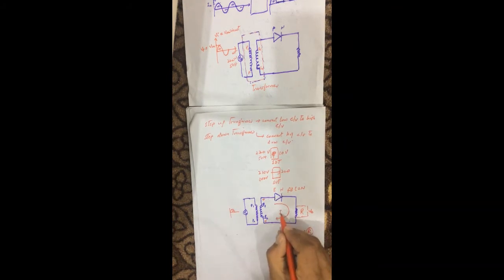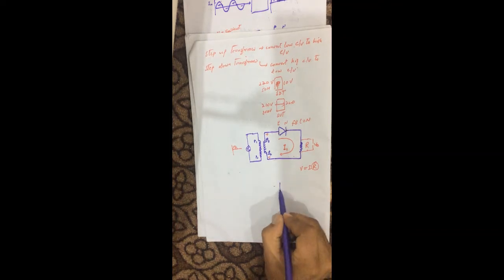This is the input current, output current, the current which is flowing through the device. Next I will draw another figure, the same figure but with different polarity.